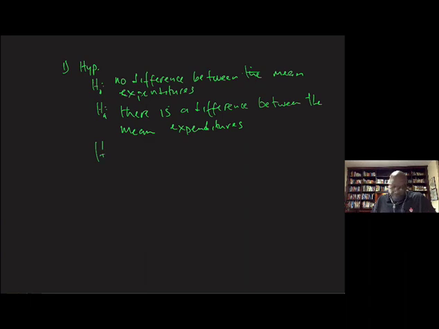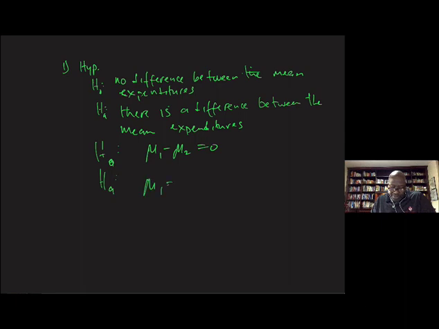And then writing that in terms of symbols, H0 and HA. If there's no difference between the means, then we're saying mu1 minus mu2 would be 0. Because if they're the same value, when you subtract them from each other, we are essentially going to find a no difference, which is 0.